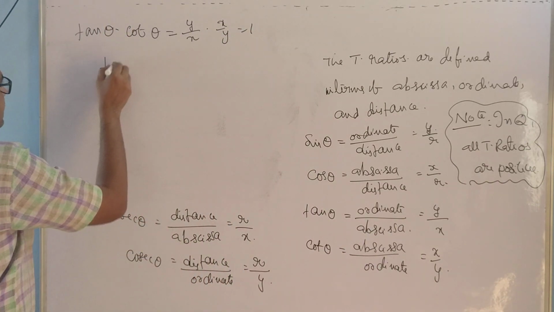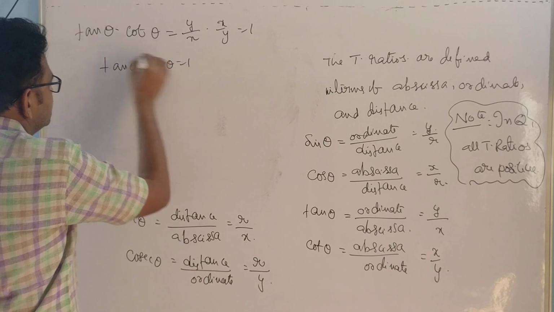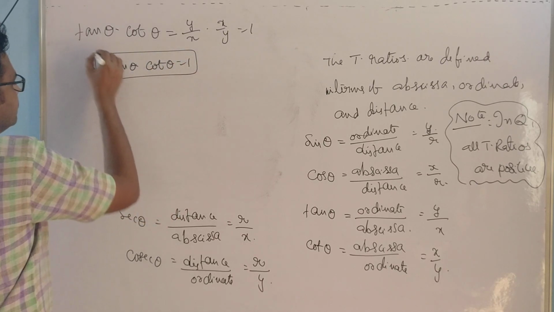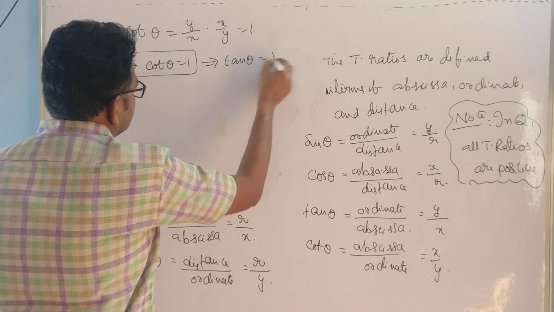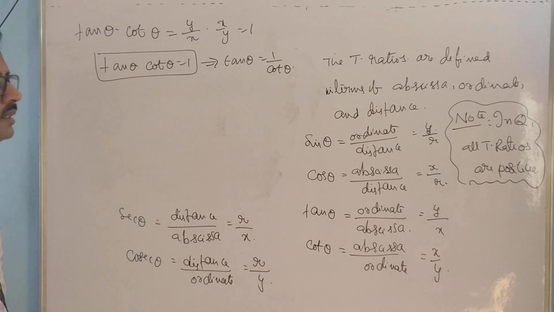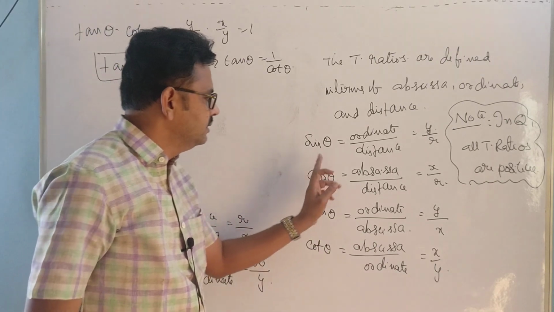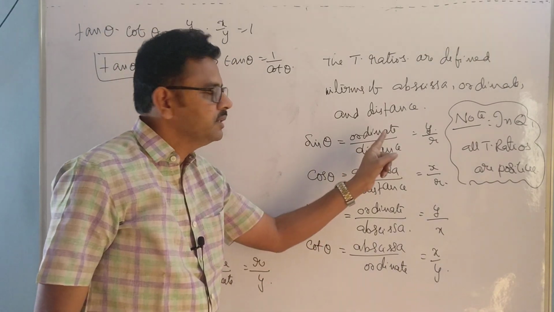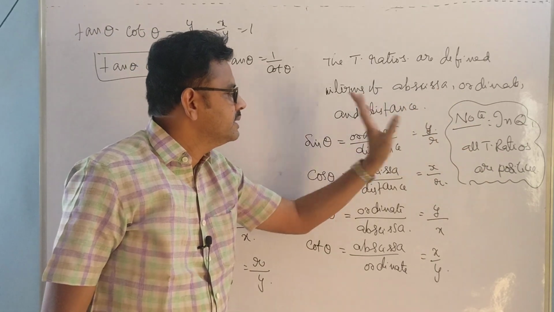This implies tan theta into cot theta is equal to 1. This is one relation, which implies tan theta is equal to 1 by cot theta, or cot theta is equal to 1 by tan theta. So the relations are in terms of abscissa, ordinate and distance.